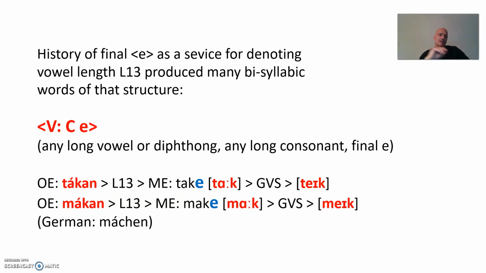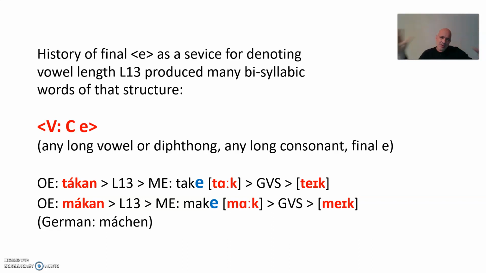Old English makan, L13, make, and then make. German is still short: machen, makan, L13. And what we have today, you see, they were pronounced once, so take, we spell take, but we say take. This means there is a silent E in the end.